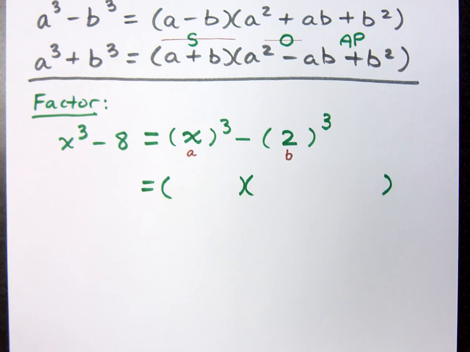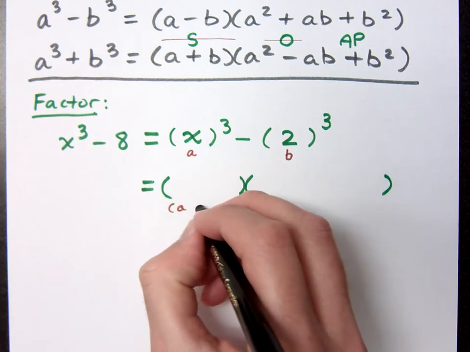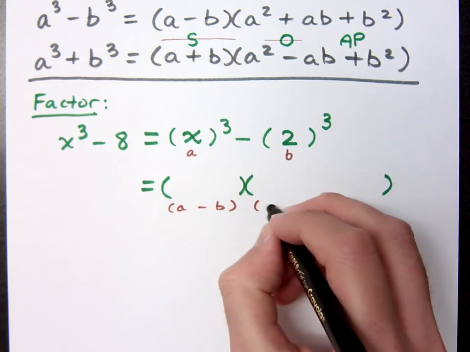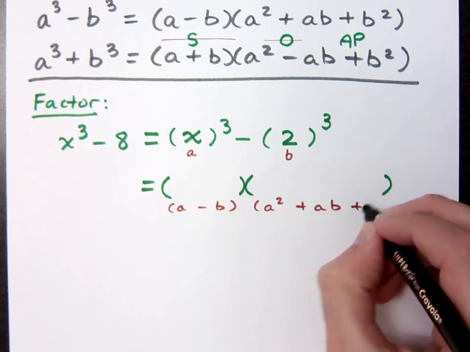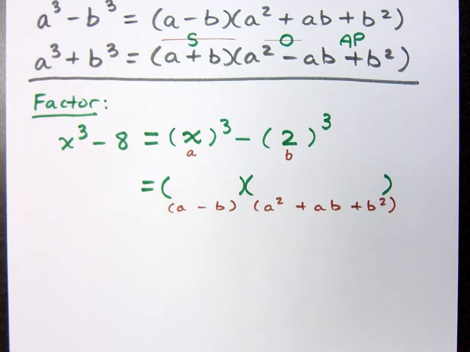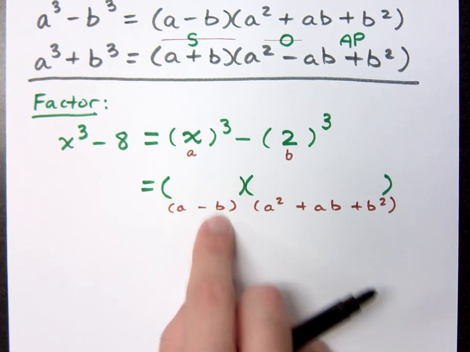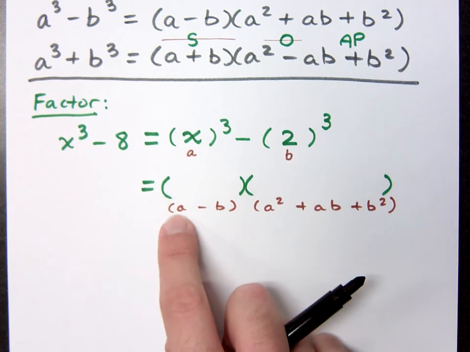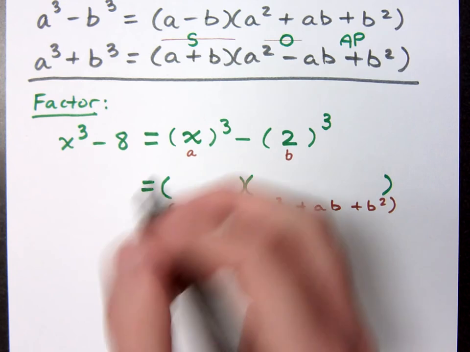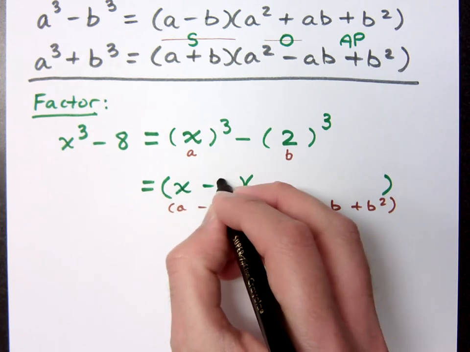And what goes in here, the first will be a minus b, and the other part of the formula is a squared plus ab plus b squared. I'm just kind of putting that underneath as a guide for me so I can plug things in correctly. So if the first part is supposed to be a minus b, and I have a identified as x and b identified as 2, then what would you say for a minus b? You would just say x minus 2.